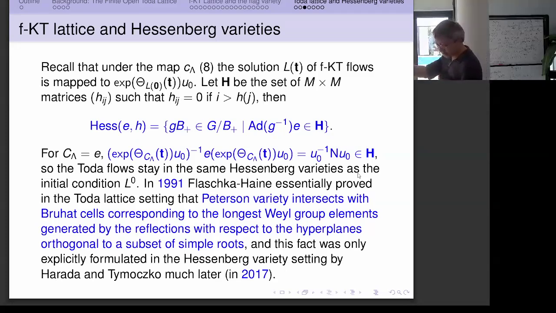Then we will see that after the conjugation, the theta C lambda will just commute with E because it is exponential with E. If I just commute with E, what I'm left with is u_0 inverse E u_0, and that belongs to H. So that belongs to the same initial point of this H. Okay.